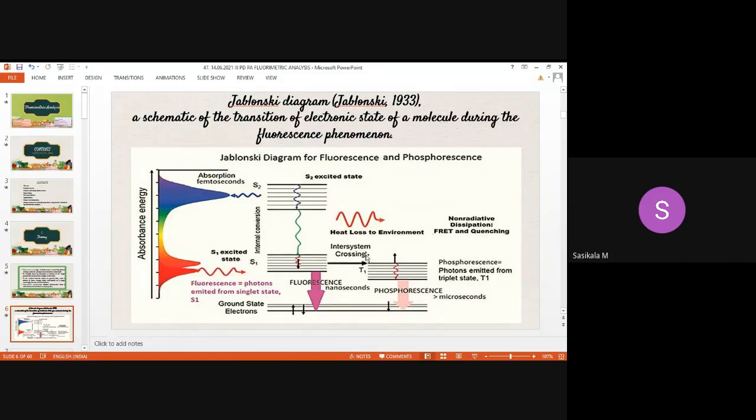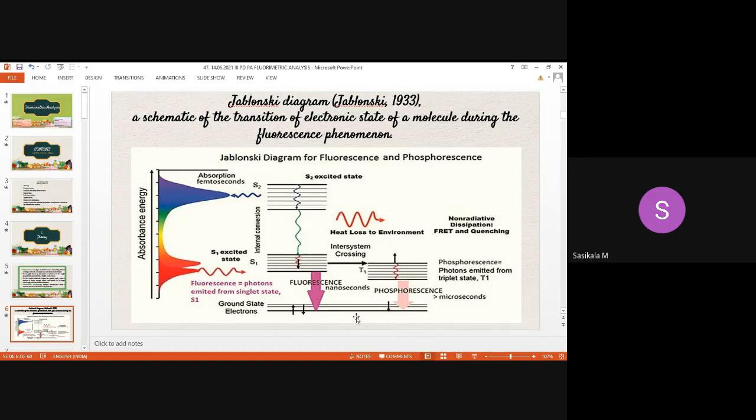It takes time for the intersystem crossing, and the electron has to change its spin to come to the ground state, where it has opposite spin. So fluorescence occurs in nanoseconds, whereas phosphorescence occurs in microseconds.